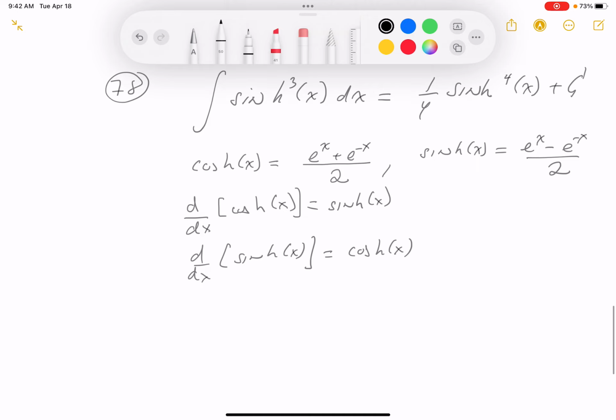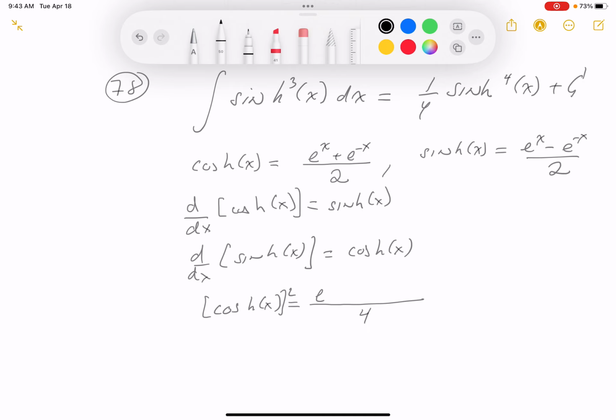Let's go through the other thing, because I've seen cubes there, antiderivatives, derivatives. So let's talk about the hyperbolic cosine squared. And what would that give me? I'm going to square that. I would get a 4 on the bottom.